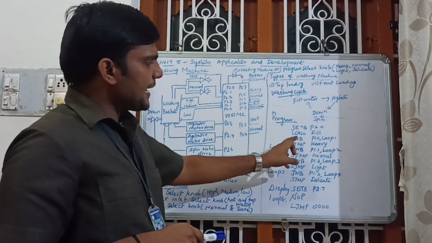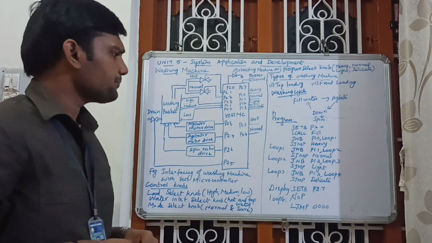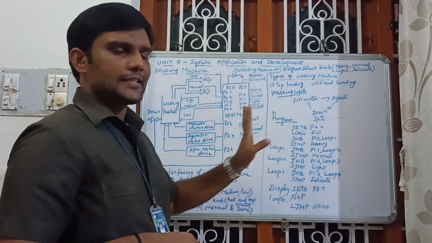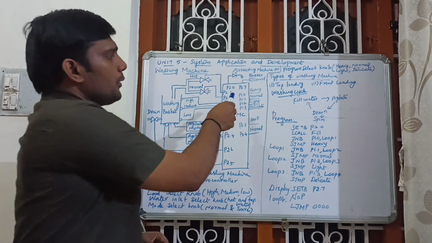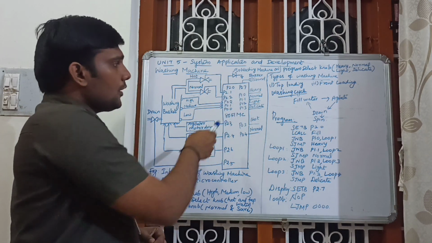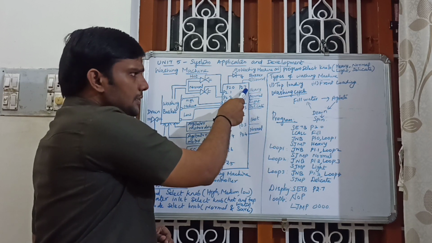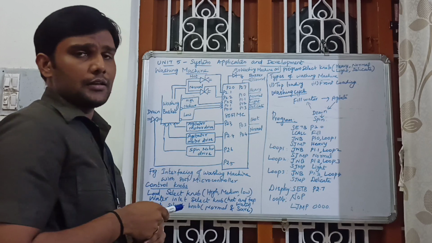Then JNB P1.0, LOOP1. Here JNB means jump if the bit is not set. Which bit? P1.0, so it is checking P1.0. If heavy is selected, this bit will be 1. If heavy is not selected, this will be 0.